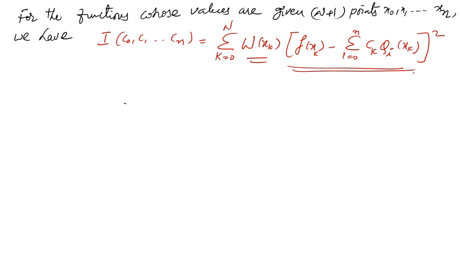Here e equals f of xk minus summation ci phi i of xk. This is the error, and the error square should be minimum. I value is weight function into error square.